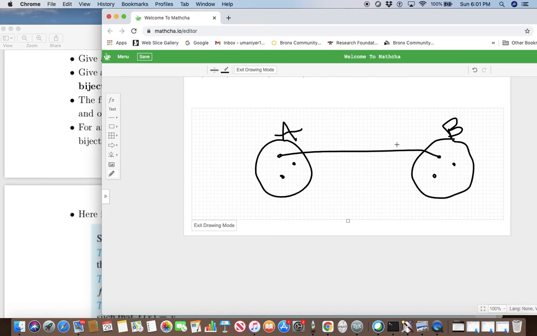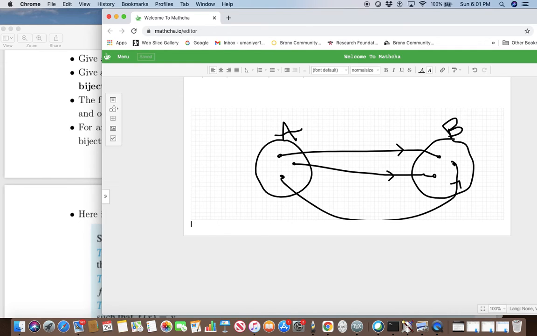So this lands here, this lands here, and this has to land in the third one. Every pair of distinct elements land in distinct images. Moreover, there is nobody here who is not achieved. Every element on the right hand side is an image of somebody in the left hand side.